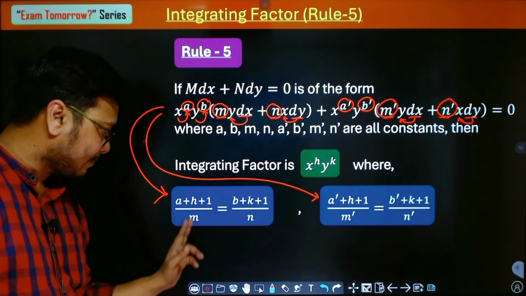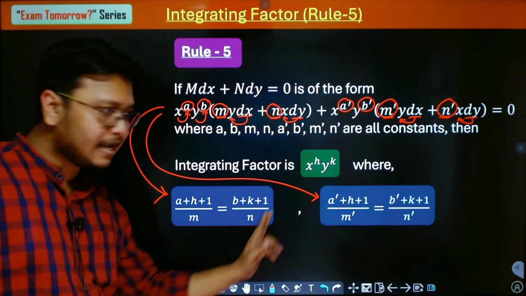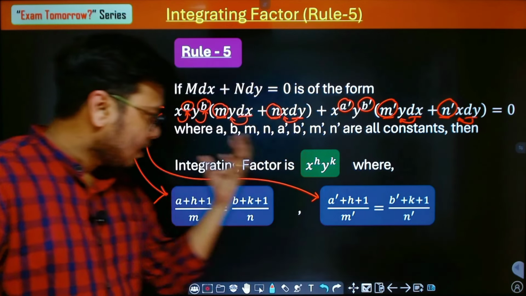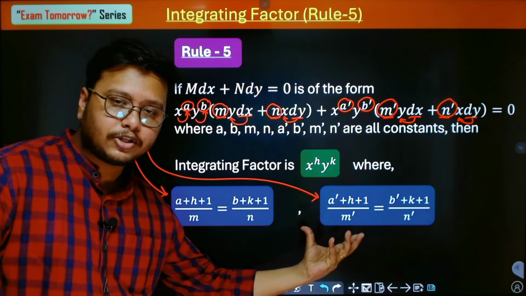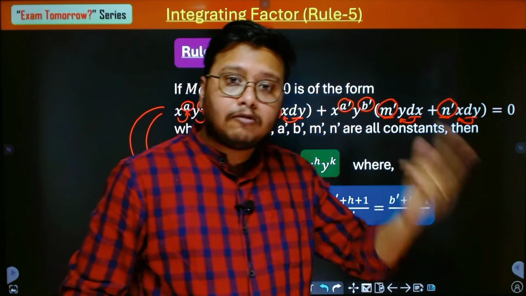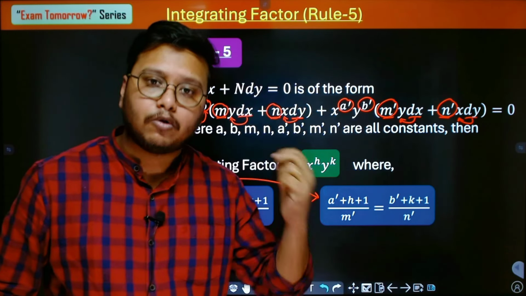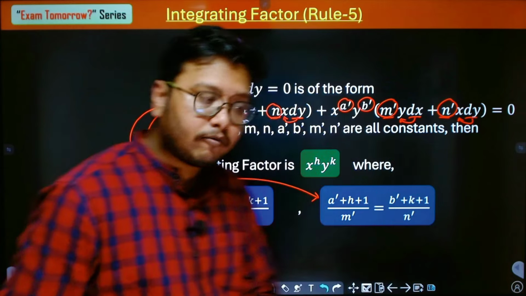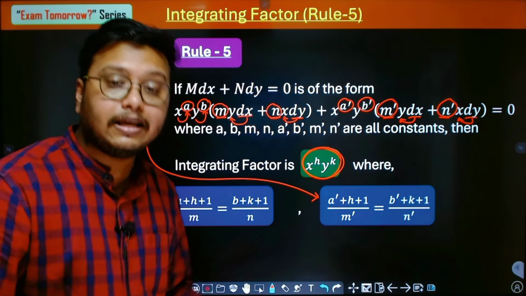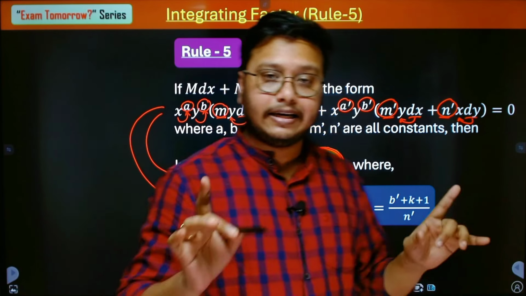A plus h plus 1 by m, b plus k plus 1 by n, a dash plus h plus 1 by m dash, b dash plus k plus 1 by n dash. Plug in those values in these two equations, so you basically get two equations of h and k. Solve those two equations, you get the value of h and k. When you have got the value of h and k, put it in the power of x and y respectively, and that is your integrating factor.